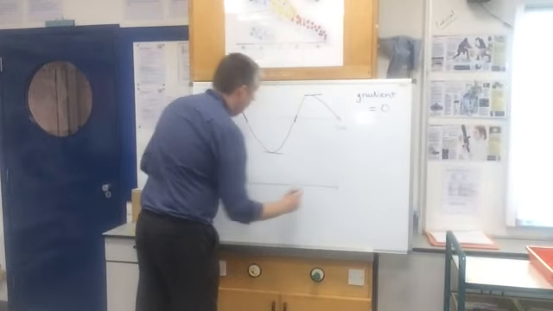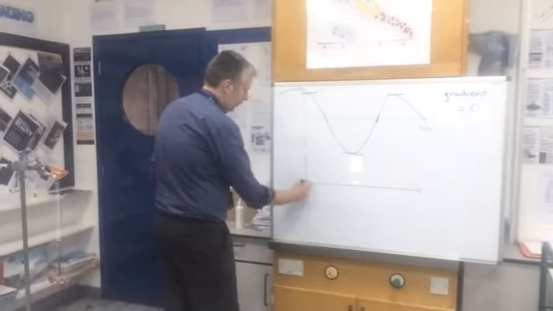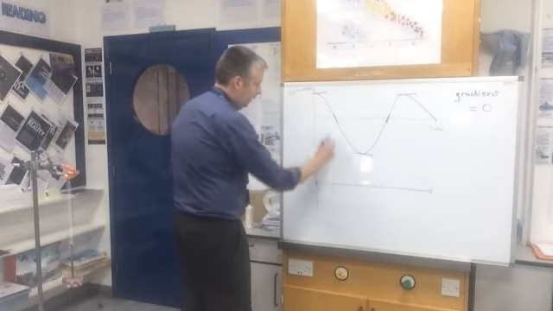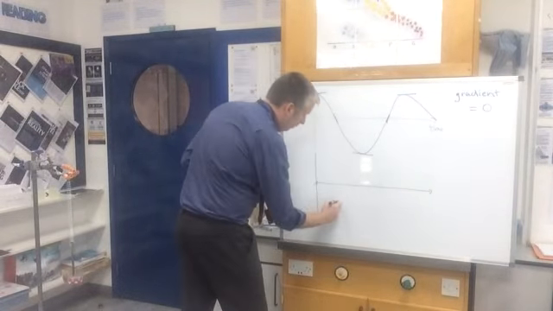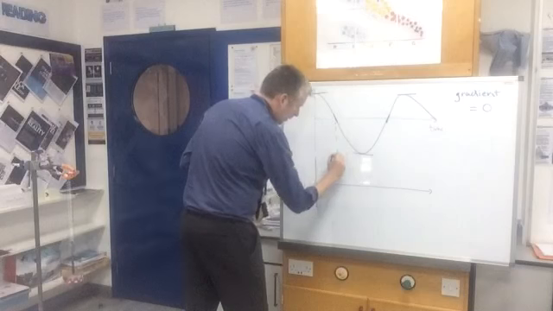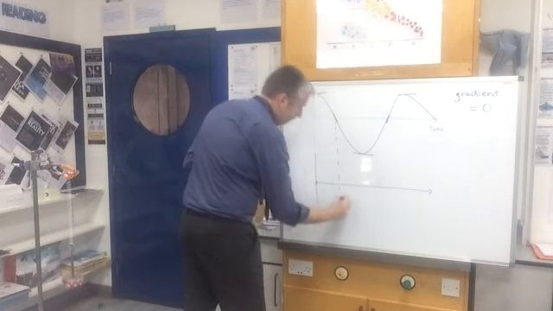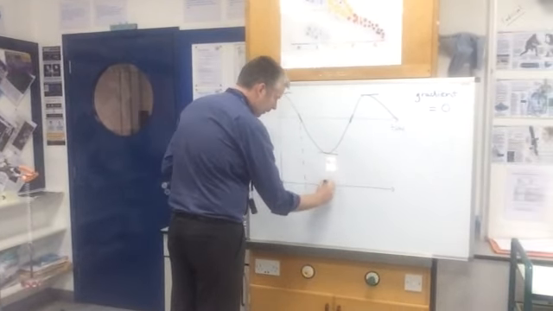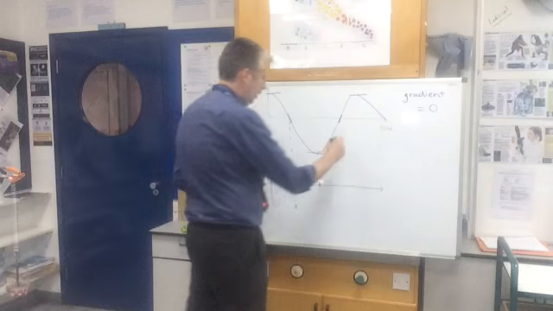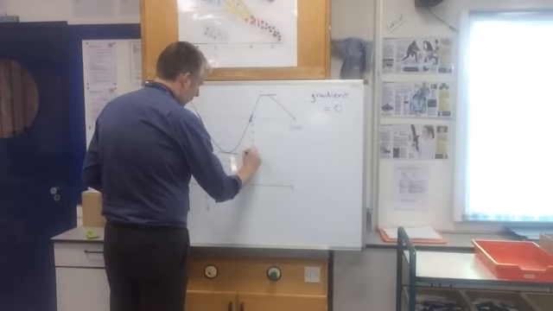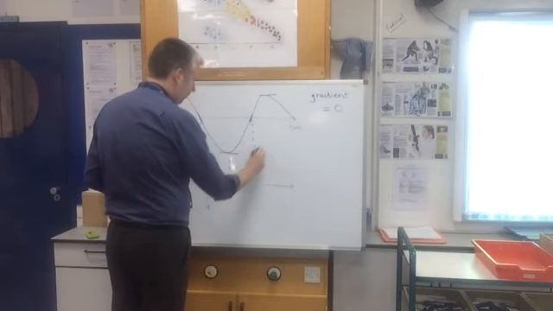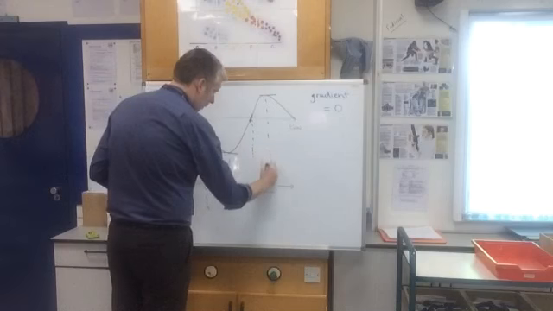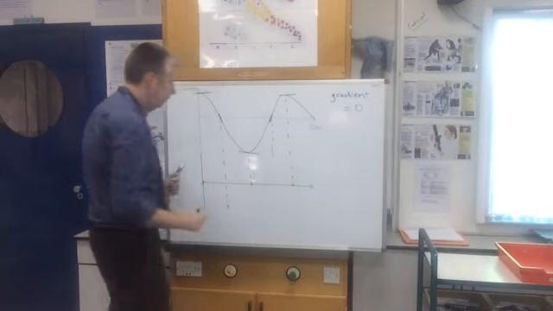If I replot it, the first point is going to be 0. The second point is maximum negative. This point is 0 again. This point is going to be my maximum positive, and this point is going to be 0 again.